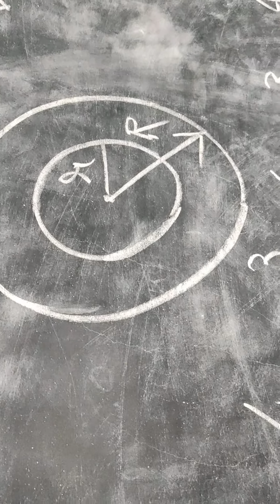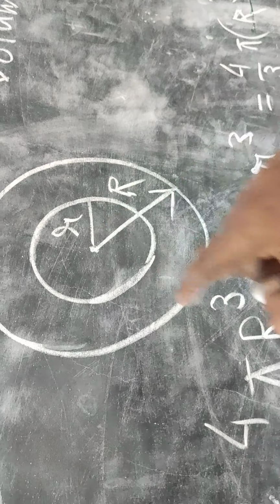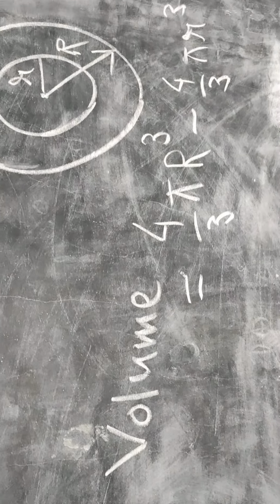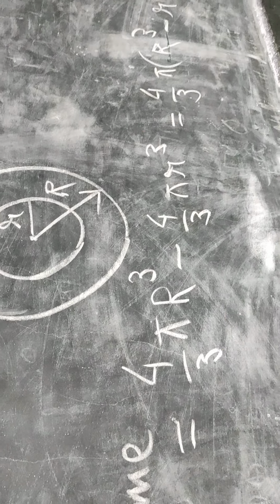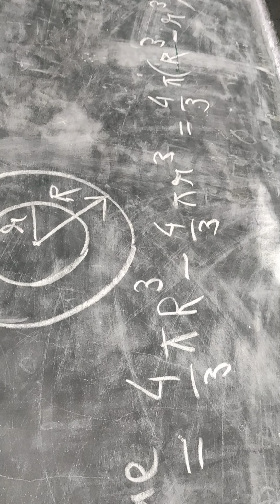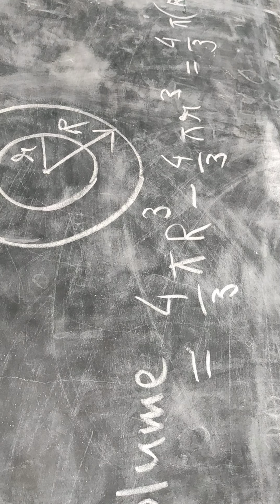The volume will be the outer volume minus the inner volume. So the volume equals 4 by 3 pi capital R cube, that is the outer volume, minus 4 by 3 pi small r cube, that is the inner volume.